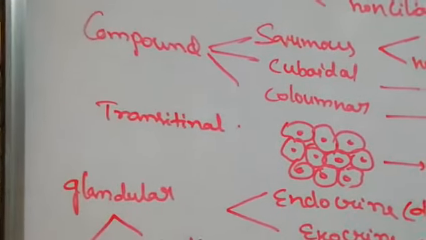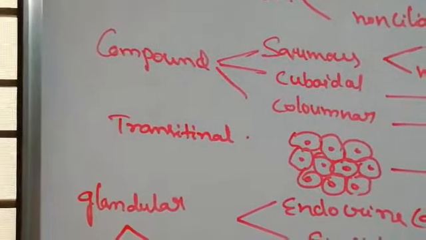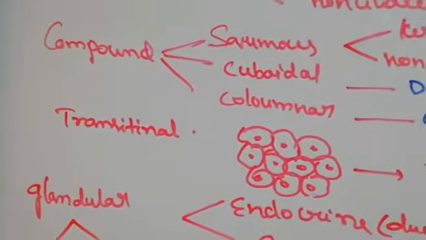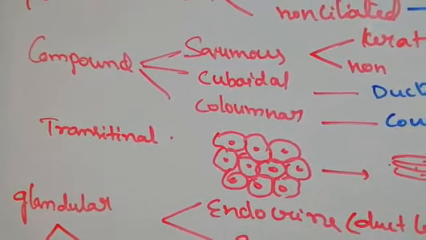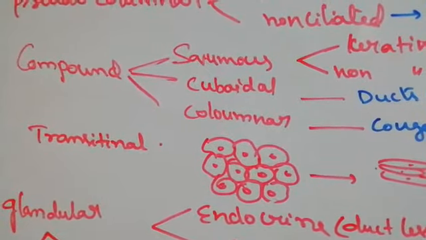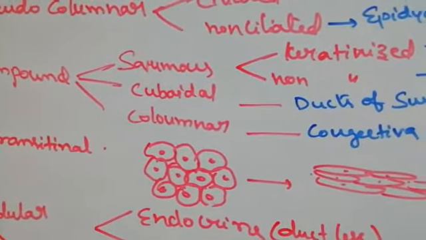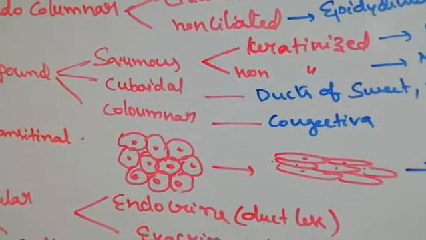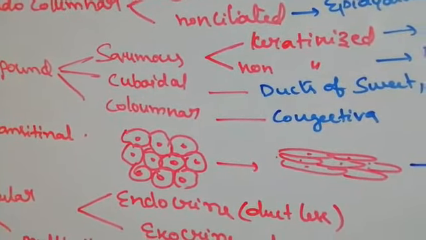Transitional. These specialized tissues, transitional epithelial tissue, are actually circular, round, and 4 to 5 layers are present. Especially they are present in the ureter, urinary bladder, and prostatic gland of the male.